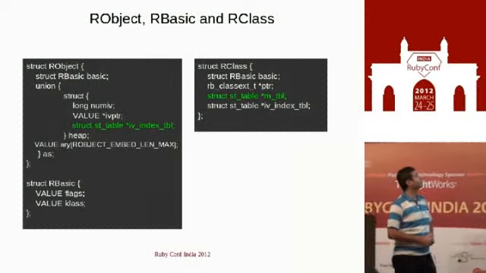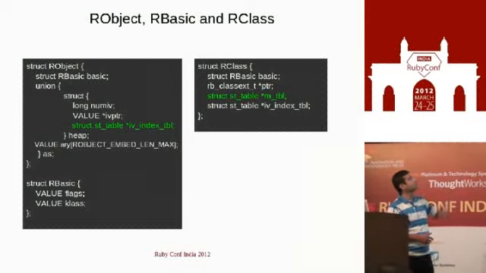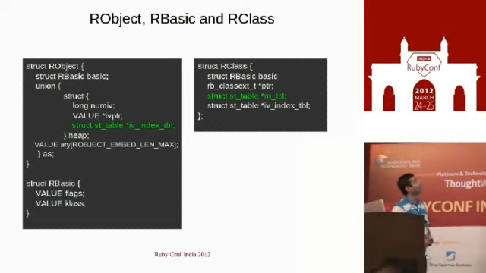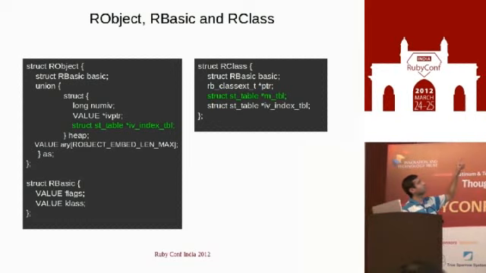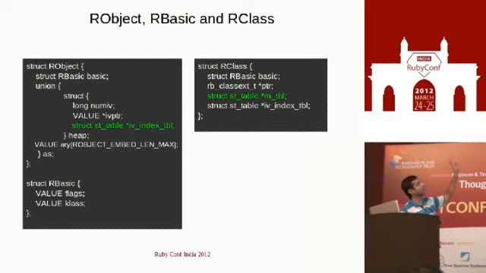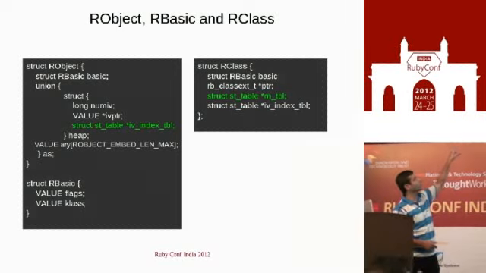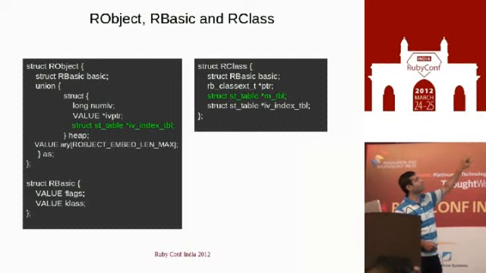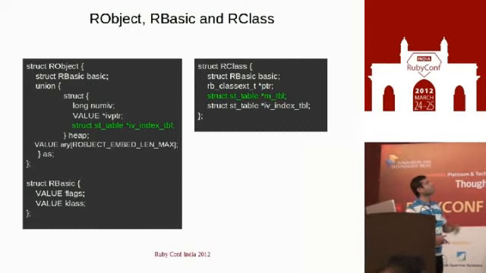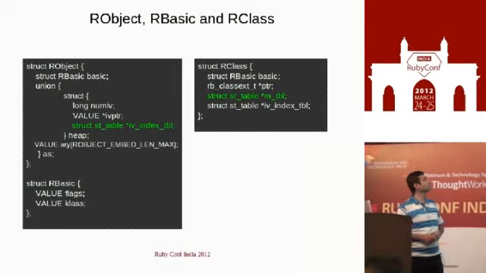This is the RObject and RBasic implementation in C. You will notice that struct RObject has two members. One is struct RBasic and the other is a union with a struct and a VALUE array. RBasic is present in all the object structures.